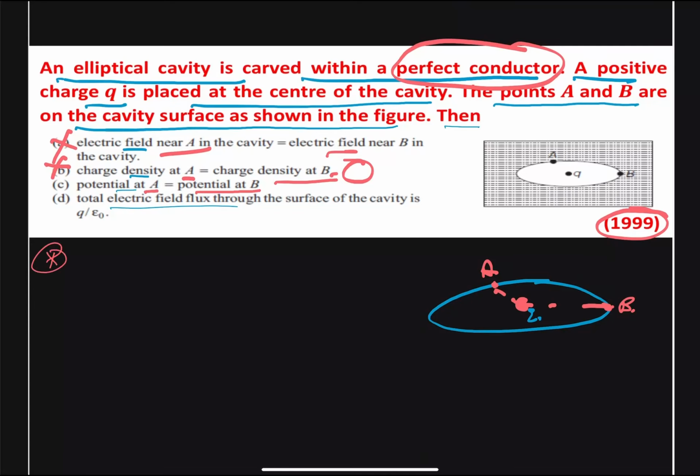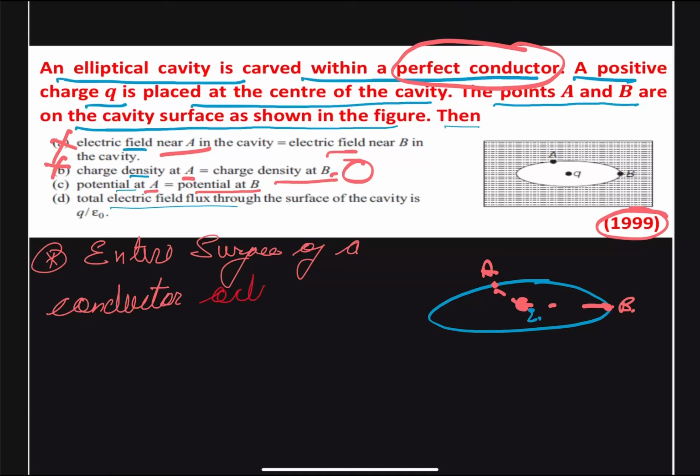So we can say that the entire surface of a conductor acts as an equipotential surface.